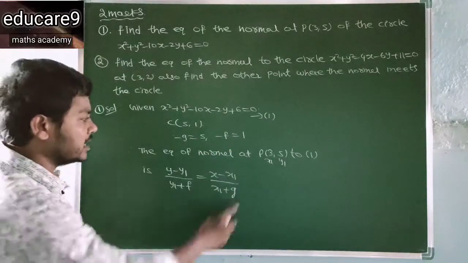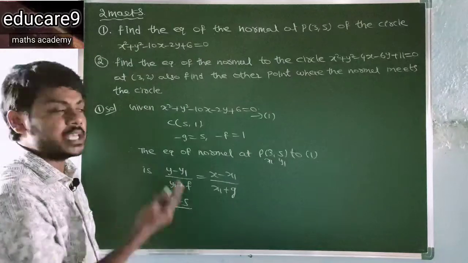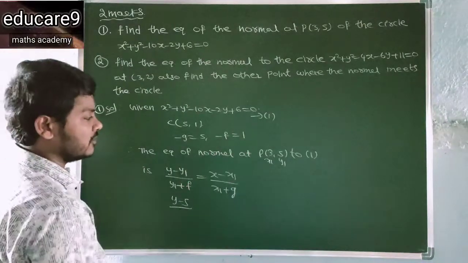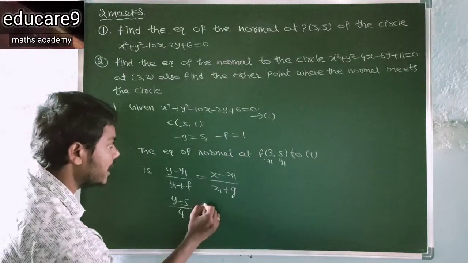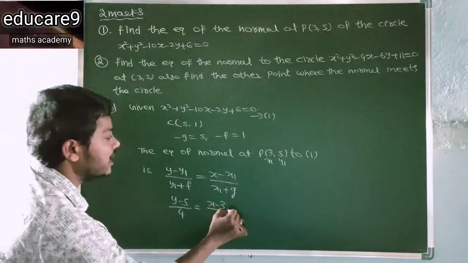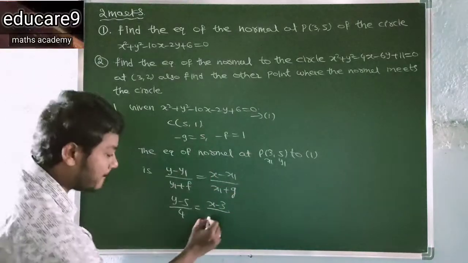So what is y minus y1? y minus 5, by y1 plus f. f is minus 1, y1 is 5, so 5 minus 1 is 4. x minus x1, x minus 3, by x1 plus g, 3 minus 5, minus 2.